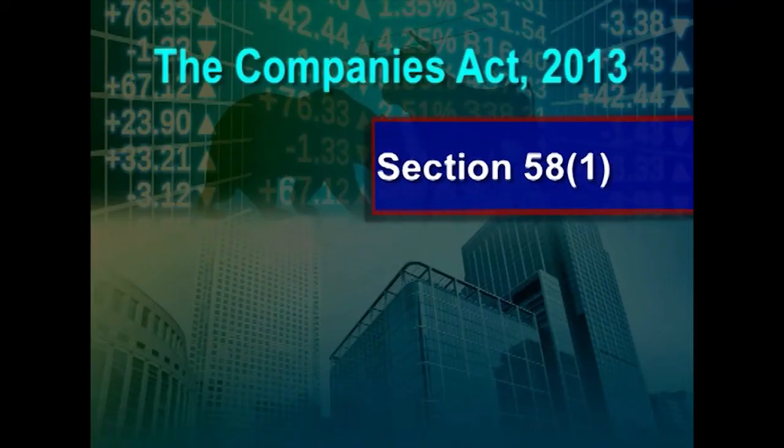A company refusing to register a transfer on any grounds whatsoever is required by section 58, subsection 1 to send within 30 days a notice of the refusal to both the transferor and transferee or the person claiming transmission.